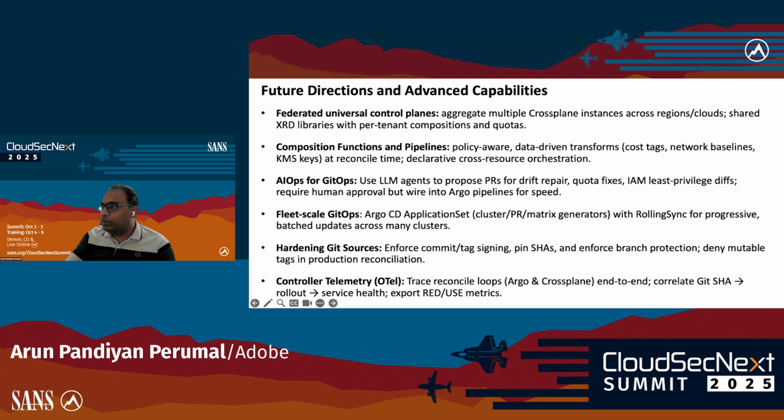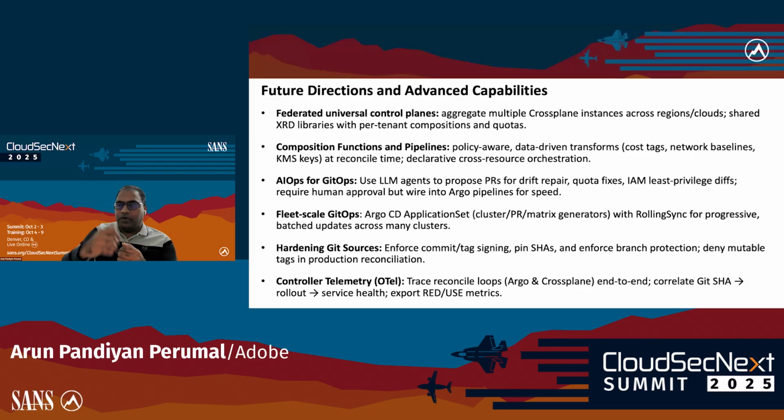So at last, we talk about the future directions and the advanced capabilities that we can implement with this architecture. The first one is the federated universal control planes. Instead of running isolated Crossplane instances, we can federate them. This allows us to create multiple control planes across regions or even across clouds that reduces the load onto the current environment.